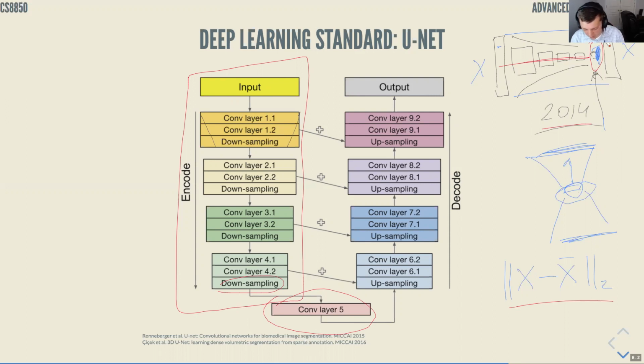Okay, moving on. What UNet people did, Ronneberger. MICCAI is a good conference for medical imaging. This paper is cited more than 13,000 times now.